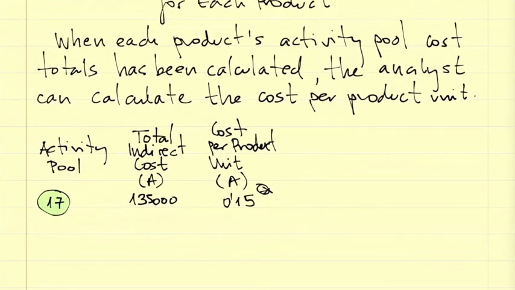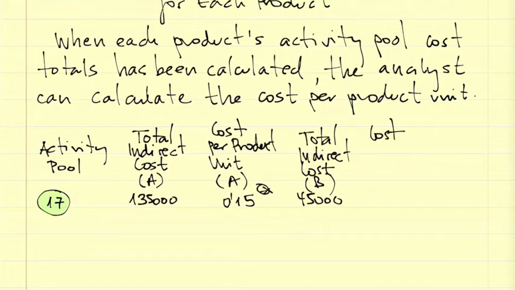So the total indirect cost of B is 45,000, and the cost per product unit of B, doing the same, dividing by the total number of products, is 0.02.